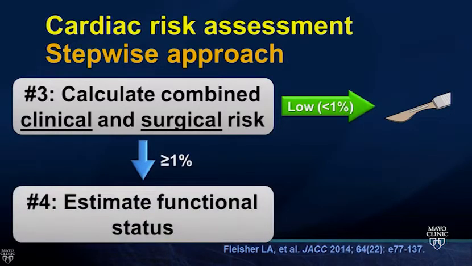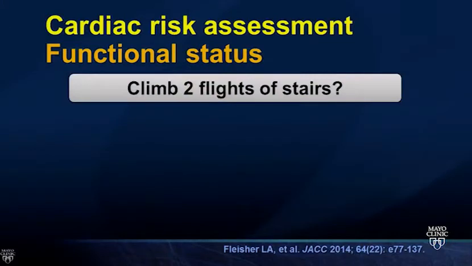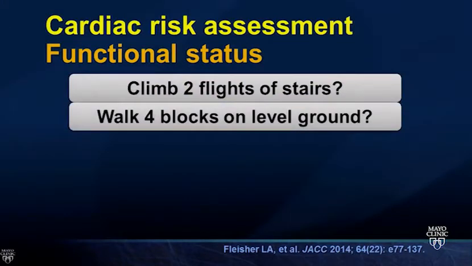If their risk is 1% or greater, and that can come from the clinical side or the surgical side, then you need to estimate their functional status. How do you estimate a patient's functional status? You want to start by asking 3 questions. First of all, can you climb 2 flights of stairs? Secondly, can you walk 4 blocks on level ground?